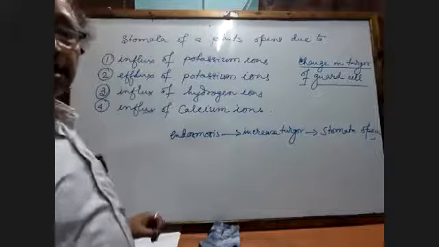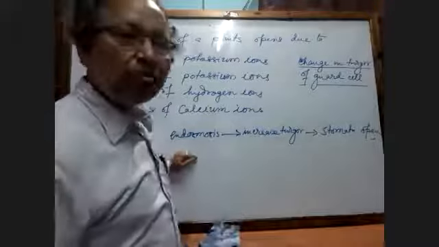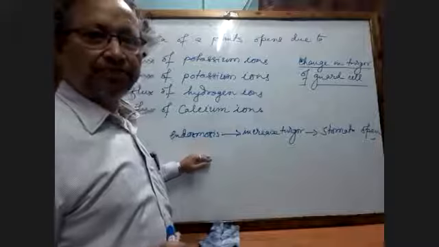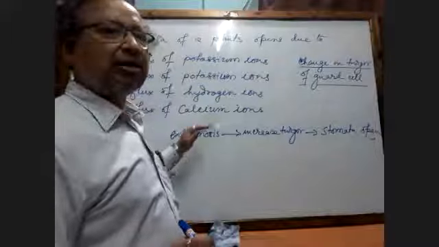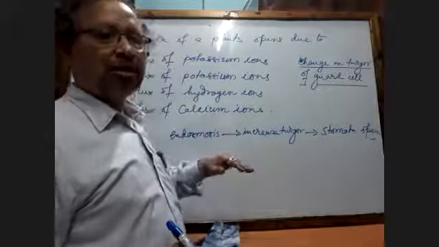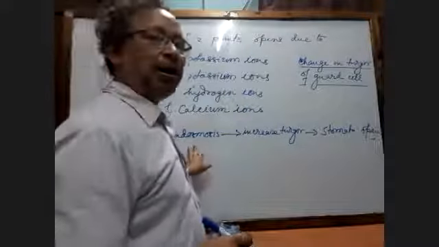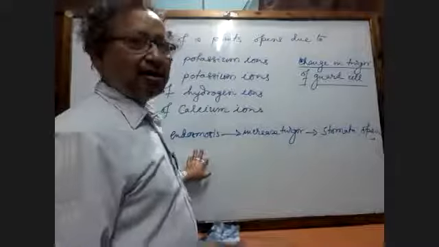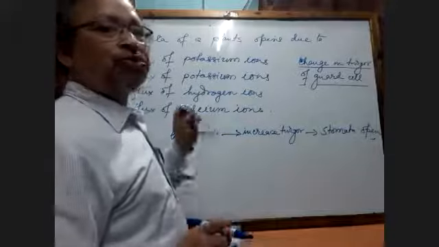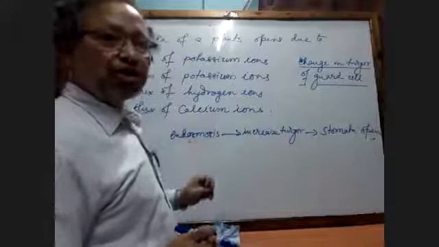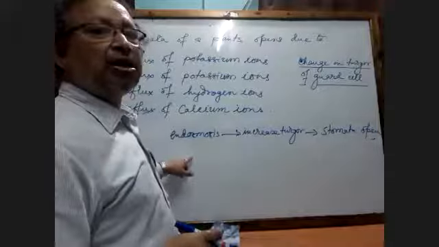But we have to see what causes this endosmosis and exosmosis. The exosmosis and endosmosis are due to the movement of water into the guard cell and out of the guard cell, and this is due to a change in the water potential of the guard cell compared to the surrounding cell.